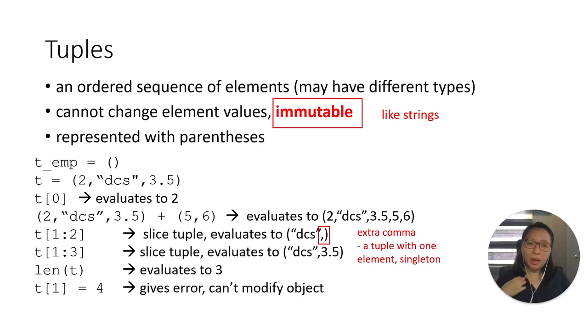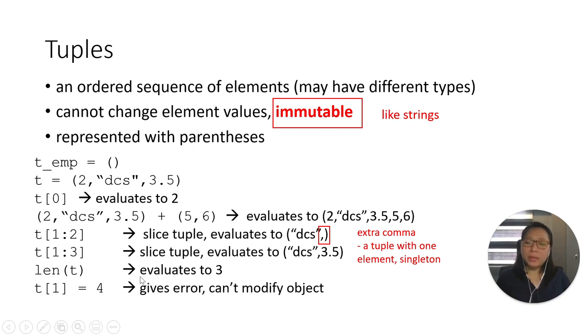This extra comma signifies that this is a singleton tuple, a tuple with one element. In this next example, 1:3 gives us 2 elements of the tuple: the element on index 1 and index 2. So this one gives us this tuple.